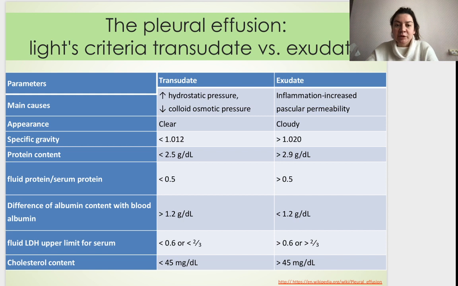Main causes for transudate: increased hydrostatic pressure, decreased colloid-osmotic pressure. It is usually non-inflammatory fluid. And exudate is inflammatory fluid. Inflammation increases vascular permeability. Appearance of fluid: for transudate, it is usually clear. For exudate, it is usually cloudy.